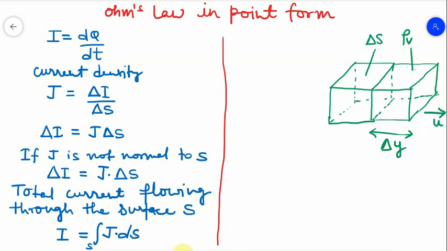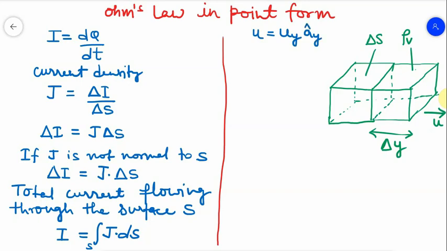So in this case we have considered this filament, with flow of charge of density rho v at velocity u, and u is along the y axis, so we can write u as uy ay, where ay is the unit vector, since u is along the y axis.